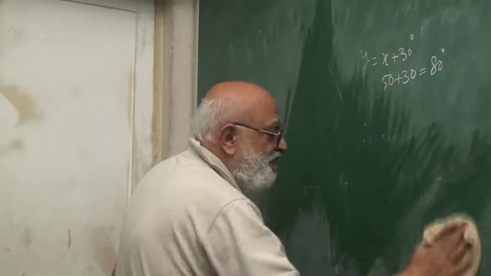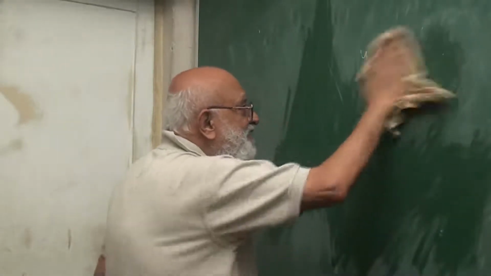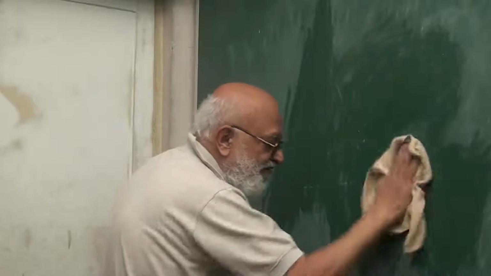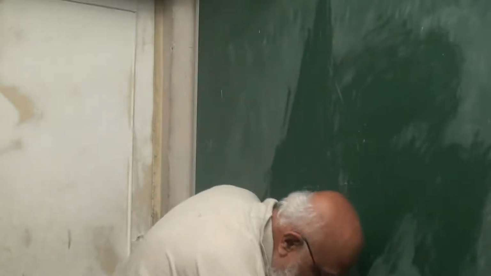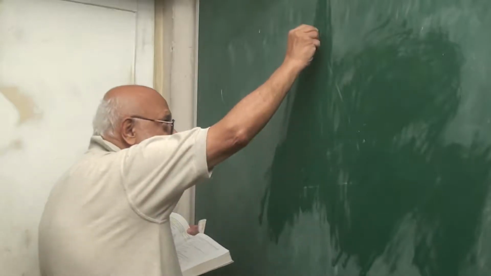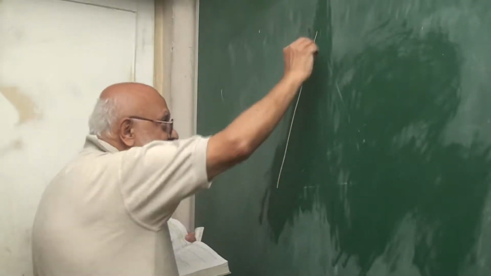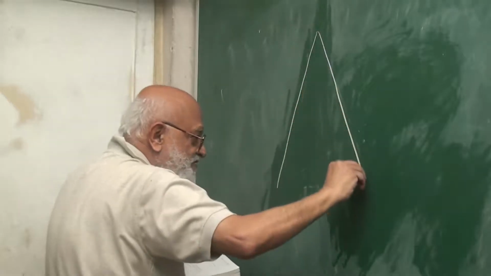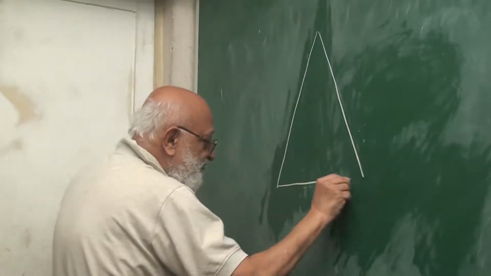Next one that I am going to show you is a little bit different from whatever is given in the book. It again has a triangle. I have to first draw it slowly.